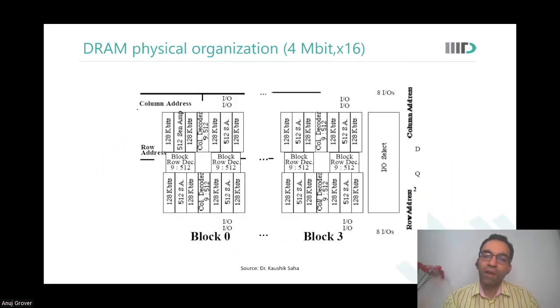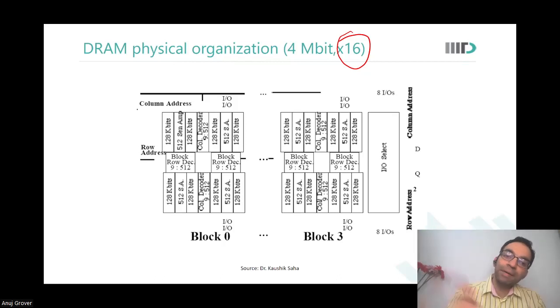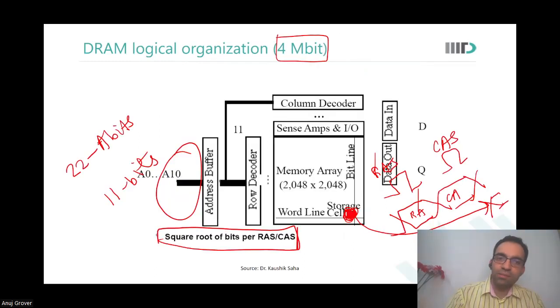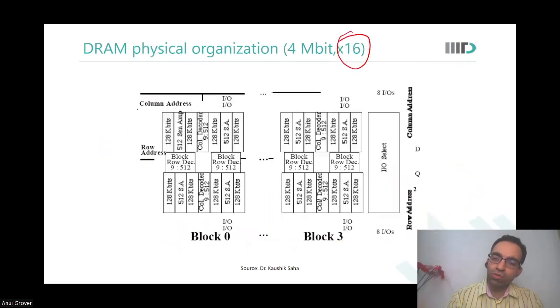So if I want to have a 16-bit DRAM, I will have multiple pages to get to this 16-bit interface. Let us call this one array or a block. So one block gives out 1 bit.